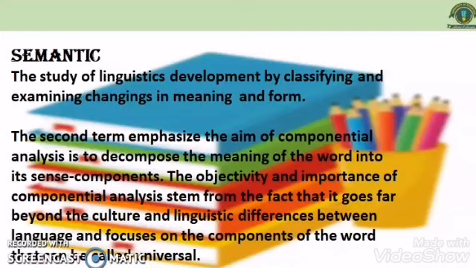Semantic is the study of linguistics, the word explanation or the meaning of words. But what is a semantic feature? It's a method which can be used to express the existence or non-existence of properties. Now let me give you more explanation with different examples.